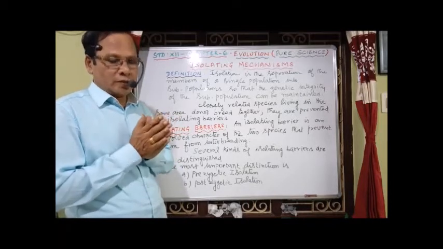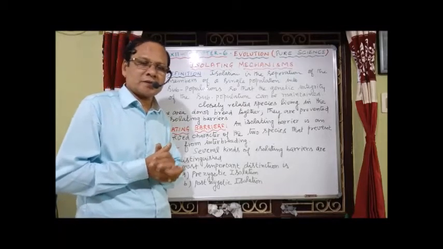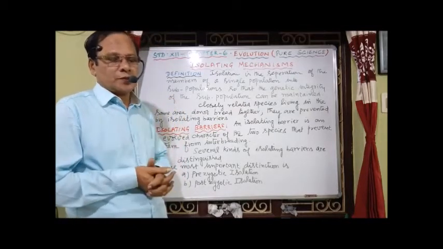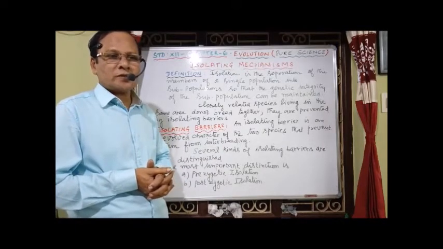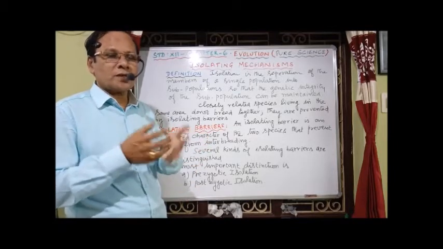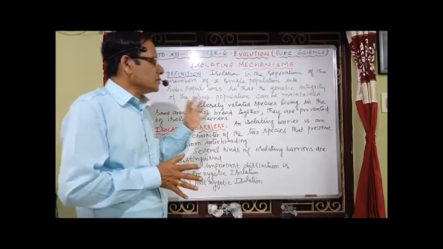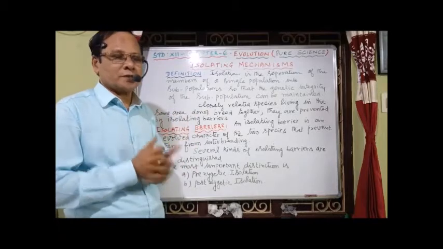The scientific name of the crow is Corvus splendens. We have three different subspecies: Corvus splendens insolens in India, Corvus splendens protegatus in Sri Lanka, and so on. So the isolating mechanisms result in the formation of subspecies.